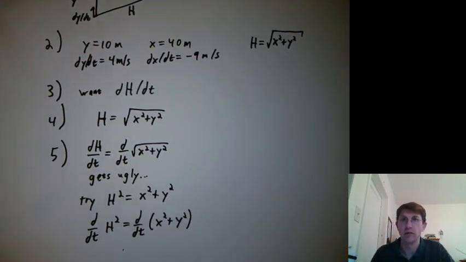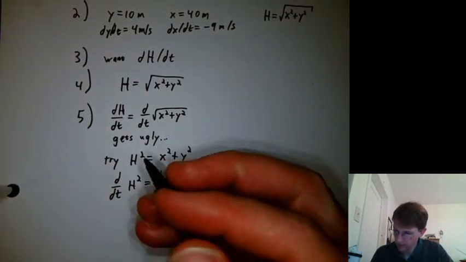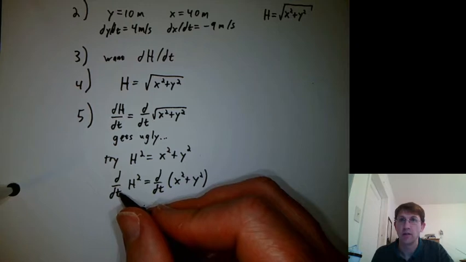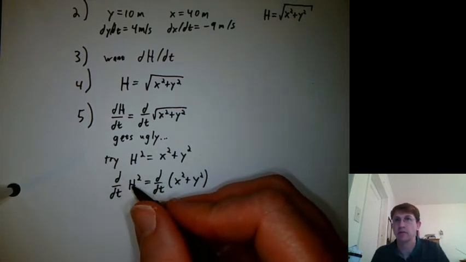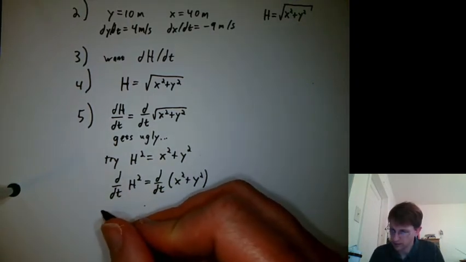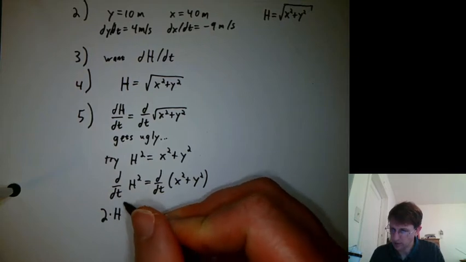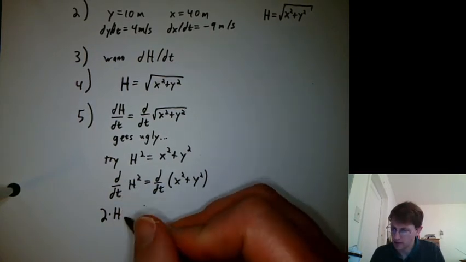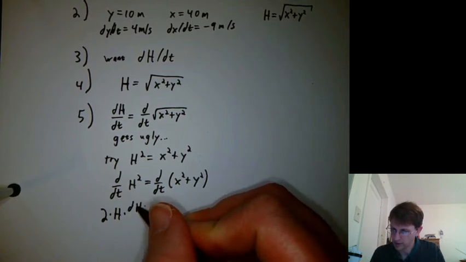And we're doing implicit differentiation here. What's the derivative of h squared with respect to t? Well, if it was d/dh of h squared, it would be 2h. So we can say that, but it's not d/dh of h squared, it's d/dt. So we have a chain rule term here.